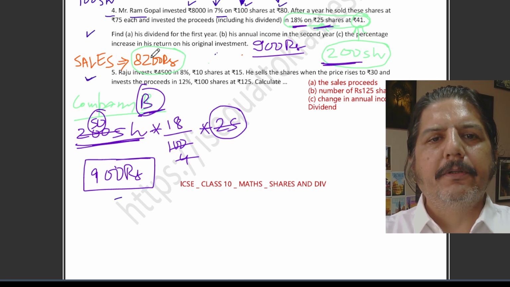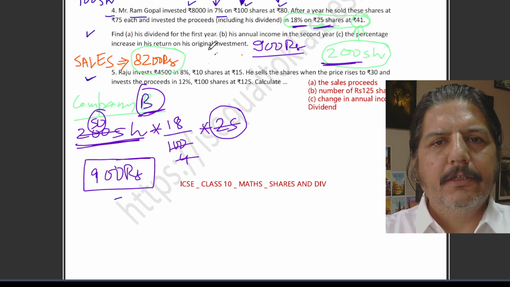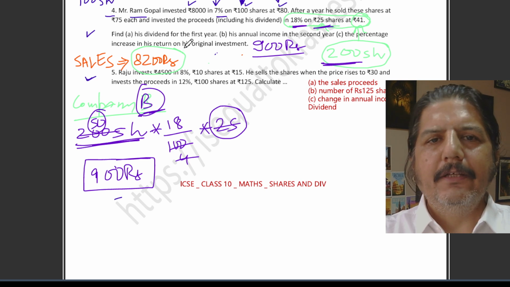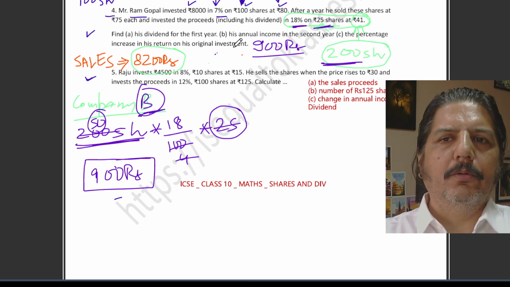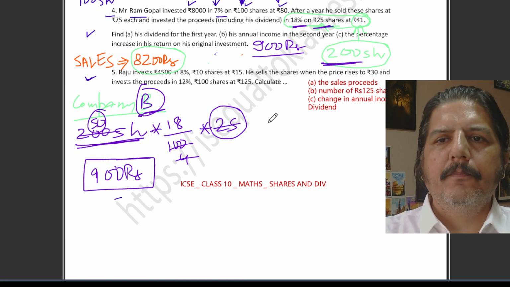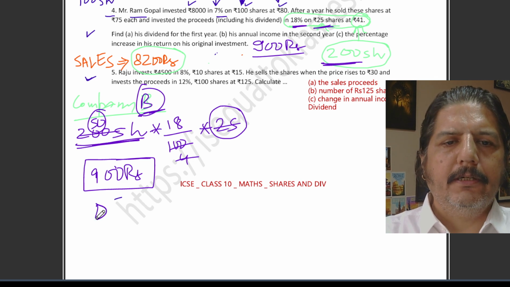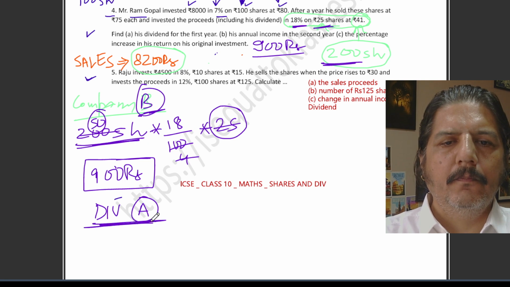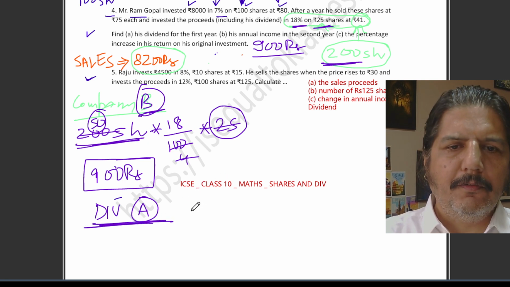The percentage increase in his return on the original investment. Okay. See, what is happening is that initially the dividend that he had got from company A was rupees 700.